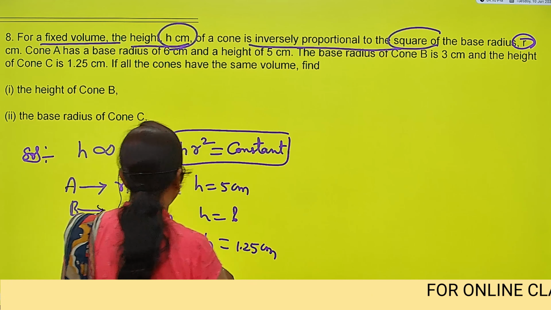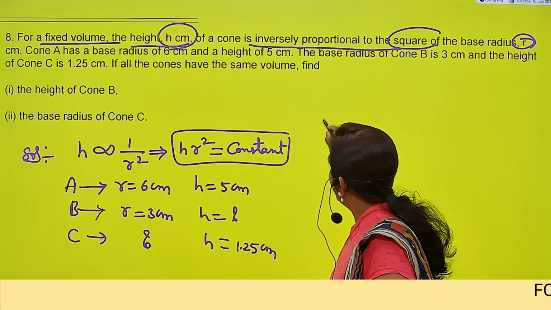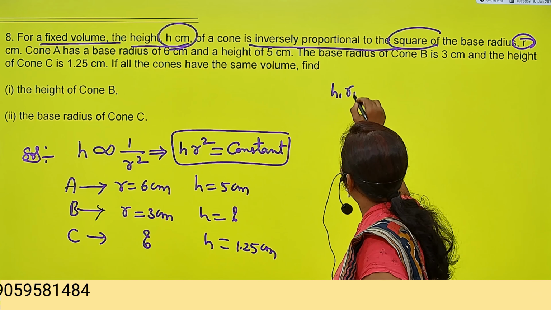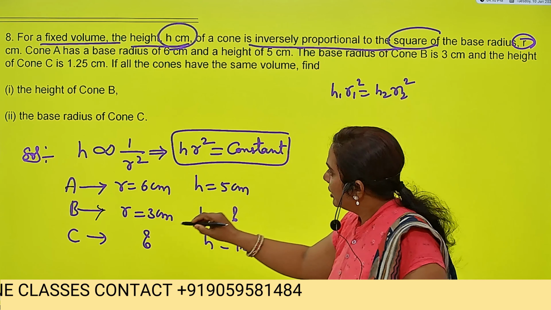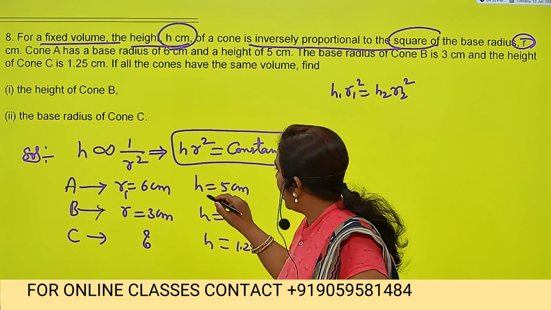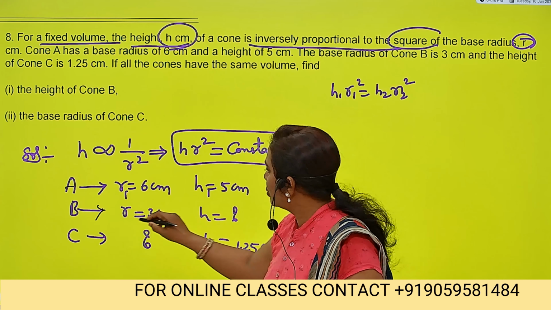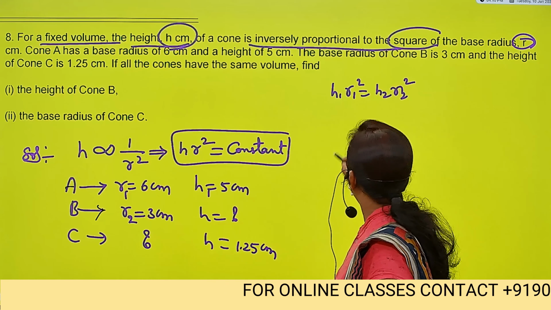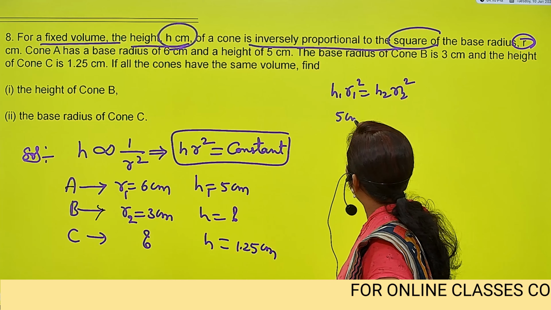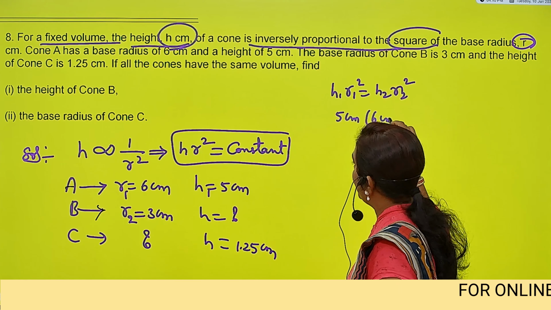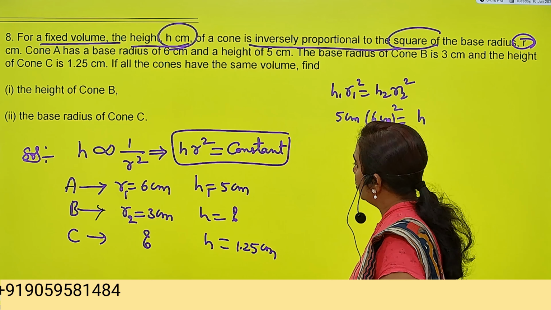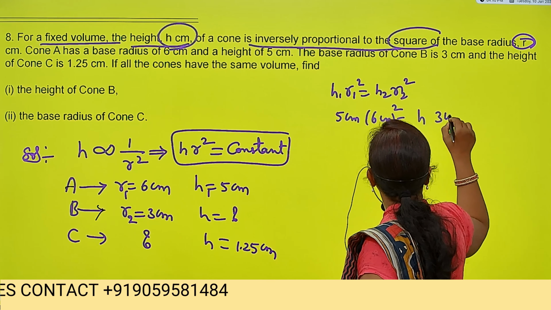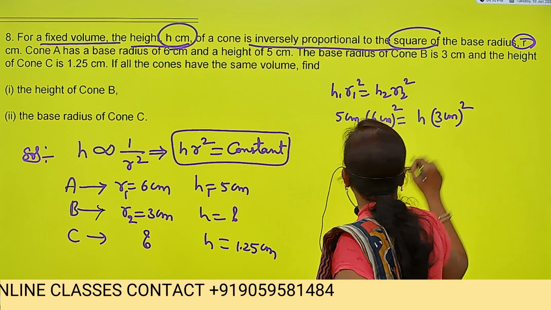Okay, the relation is h1 r1 square equals h2 r2 square. Here r1 is for A, h1 is 5 centimeters, r1 is 6 centimeters whole square, equal to height, which we don't know, times the radius 3 centimeters whole square.